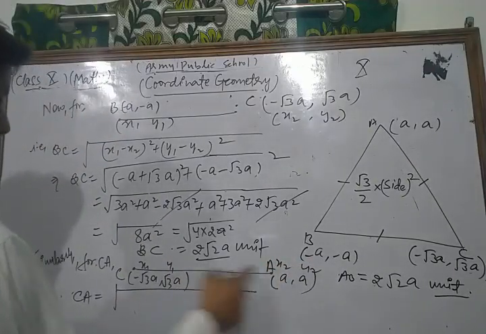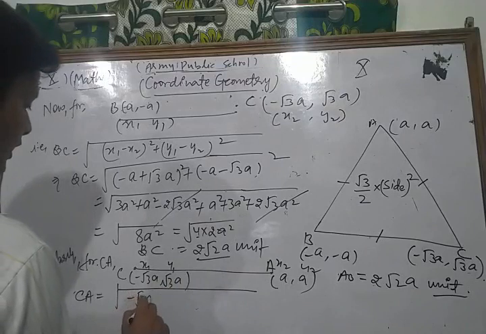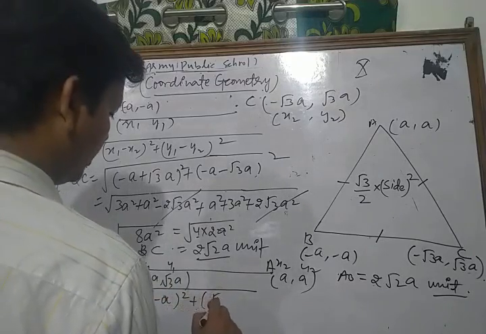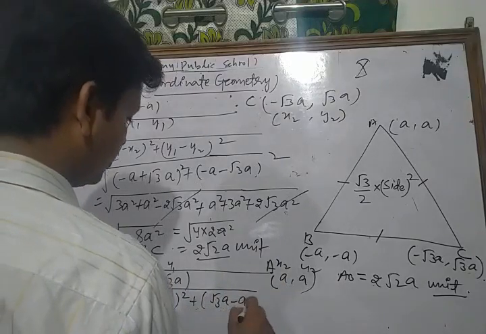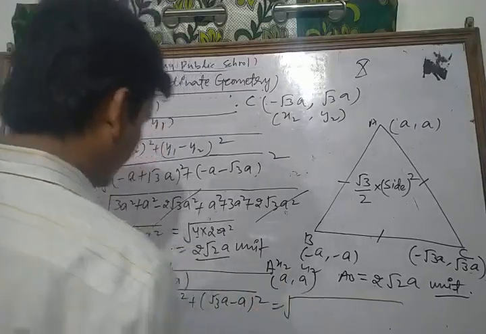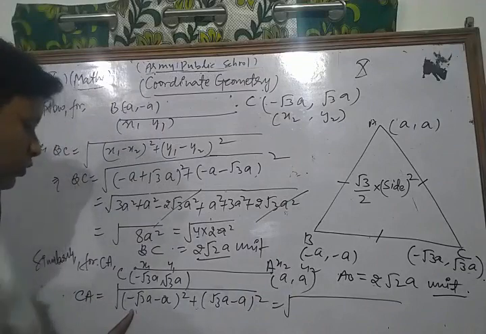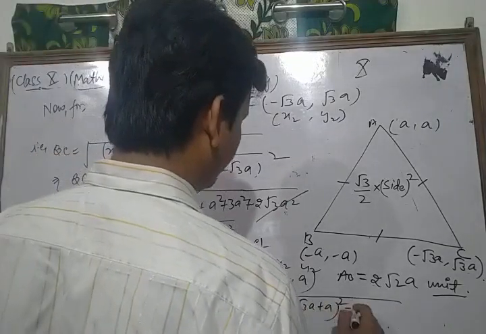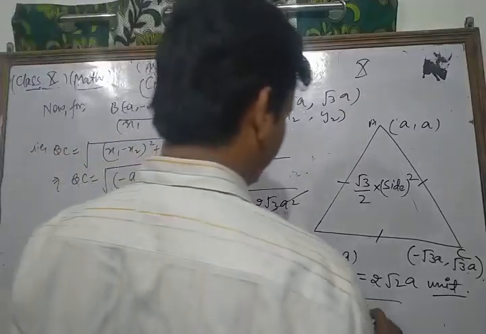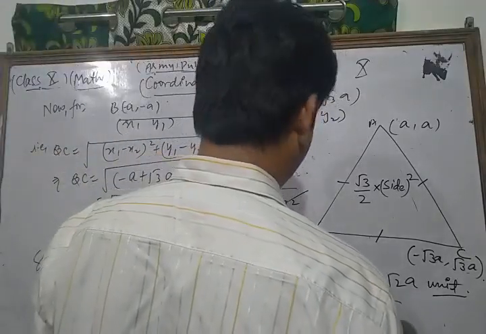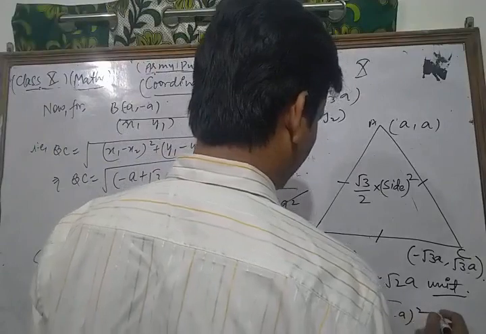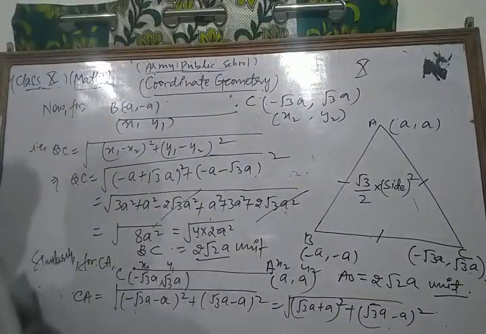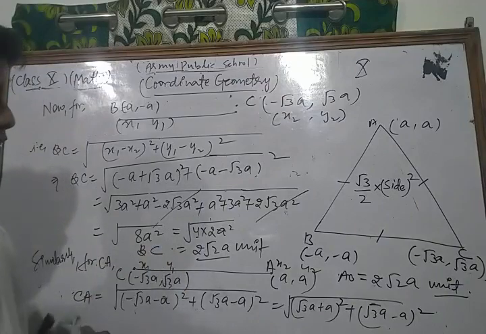This is (x1 − x2), that is (−√3a − a) whole square, plus (y1 − y2) whole square. Now from there we take minus square as common, so we write under root (√3a + a) whole square, and here under root (√3a − a) whole square. Now we expand them. So BC is always 2√2a, isn't it?